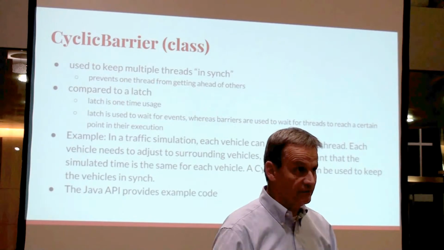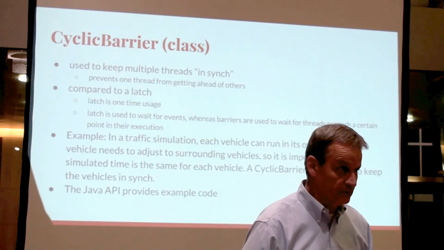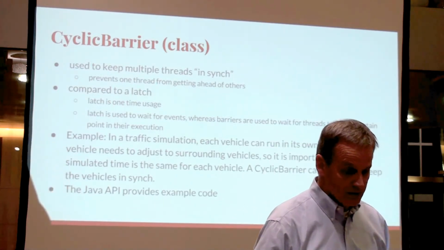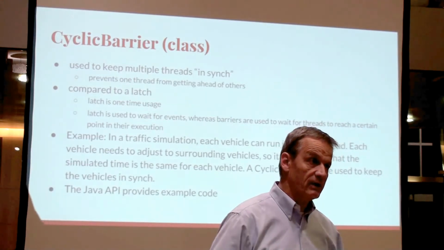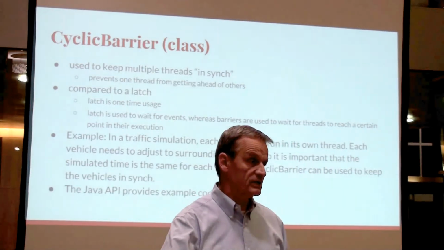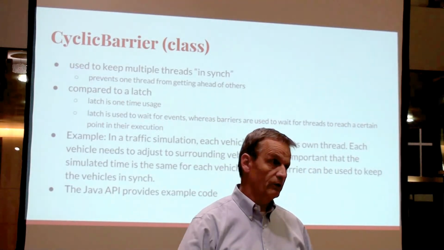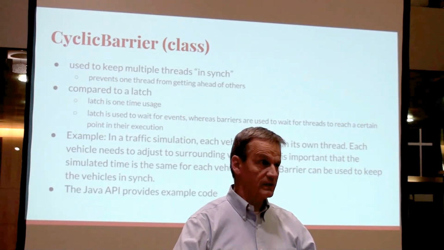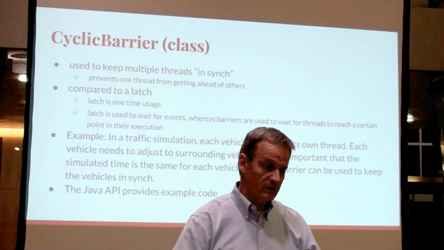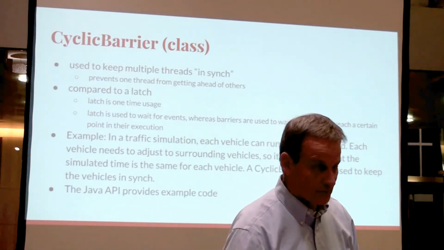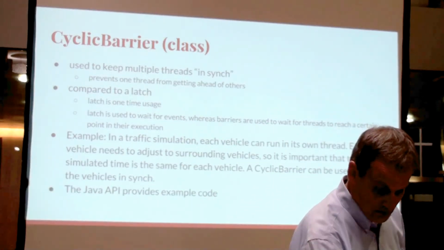You can't drive through vehicles, so you have to drive around them or stop in time. So you can have a cyclic barrier that says you take one simulation step and then you wait at the barrier. All the threads, when they have finished performing that simulation step, do the next step and so on. That's how the cyclic barrier can be used.